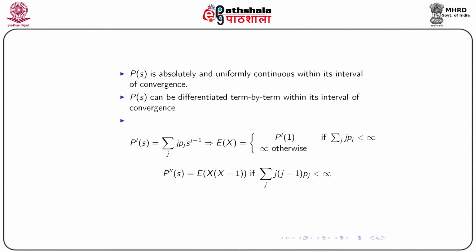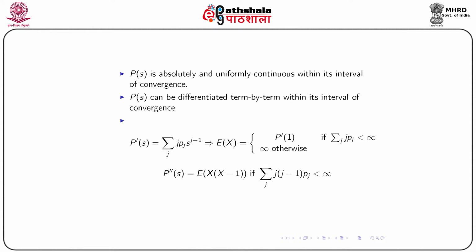P prime s, this is the d/ds of Ps. So it will be the sum over j of j pj s to the power j minus 1. Now if I do this, this is nothing but the expected value of x, and the expected value of x is equal to P prime 1 if this sum is convergent, otherwise it will be infinity.